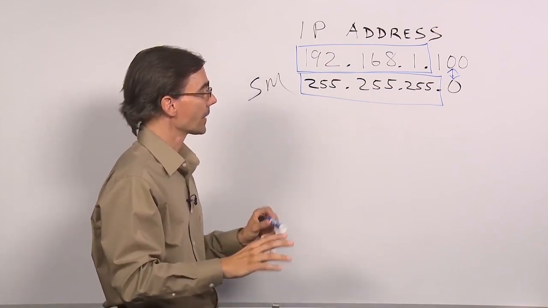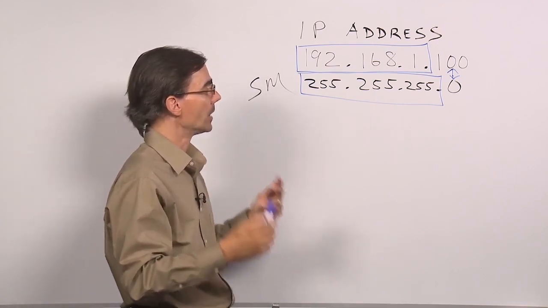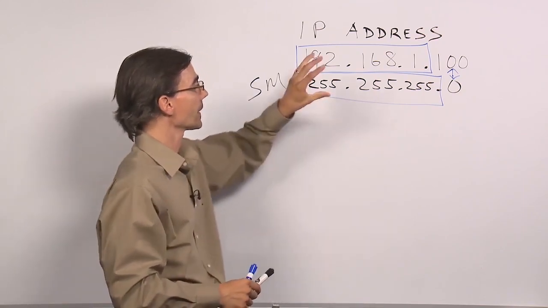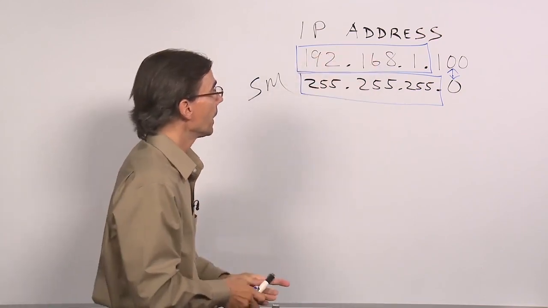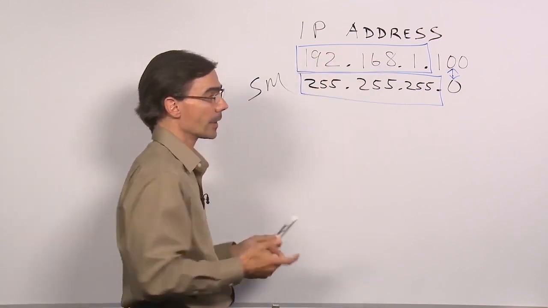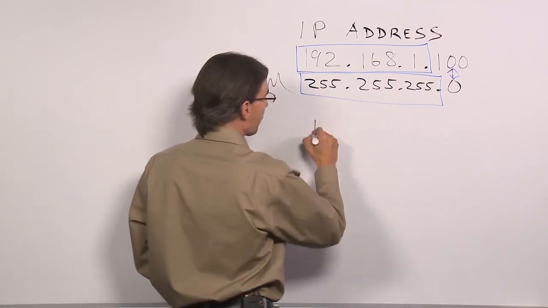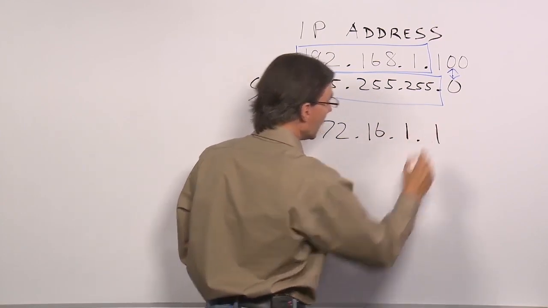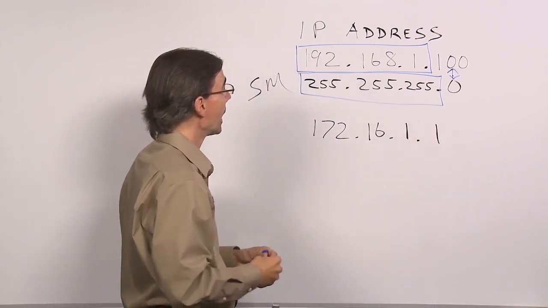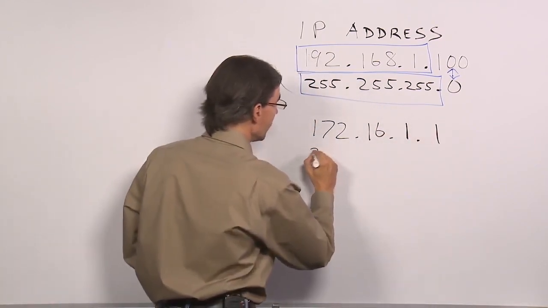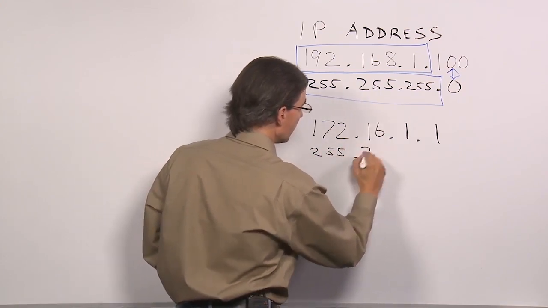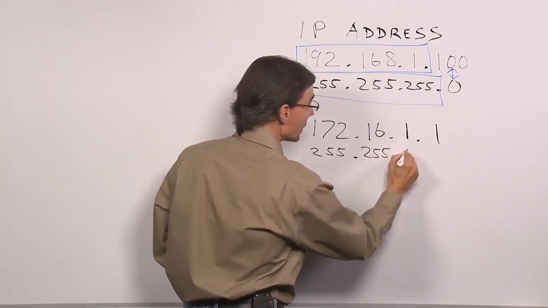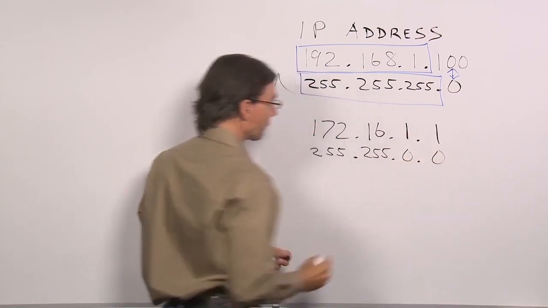Other classes of IP networks will use different subnet masks. This is a Class C address. In a Class B network, such as, say, 172.16.1.1, just for example, you might have a subnet mask that is 255.255.0.0.